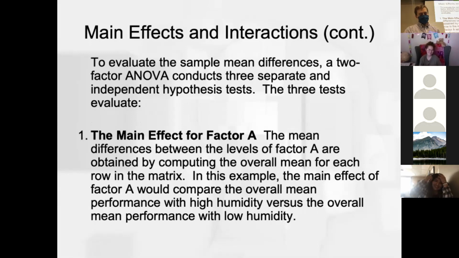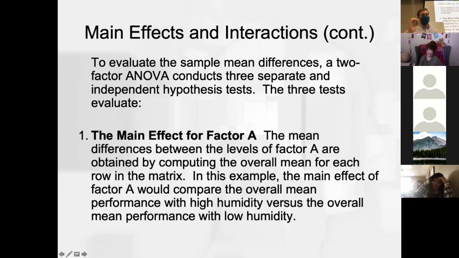So the first test we're evaluating is the main effect for factor A. So again, like I said, comparing the overall performance with high humidity versus the overall performance with low humidity, right? In this case, we're just collapsing across the levels of temperature. We're just looking at humidity.